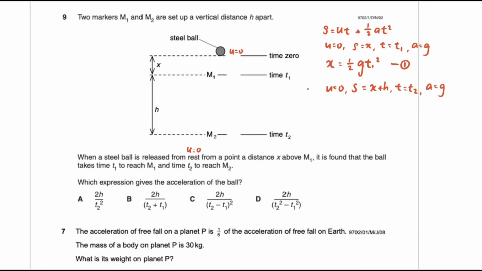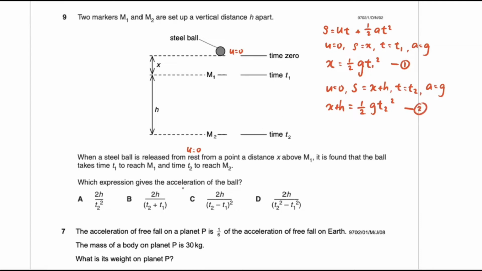The acceleration is still g. Now we substitute x plus h equals, again the ut disappears because u is 0, half g t2 squared. So we get something like this, and I call it equation 2.